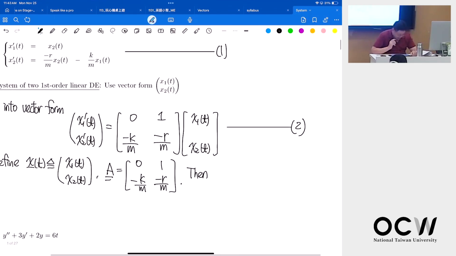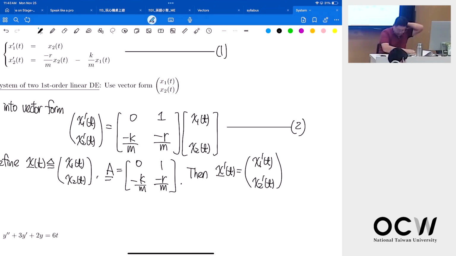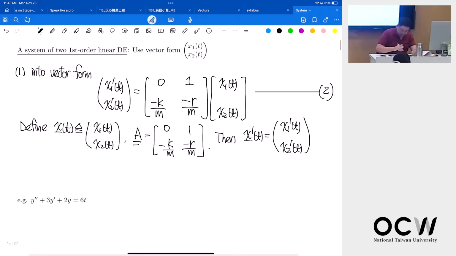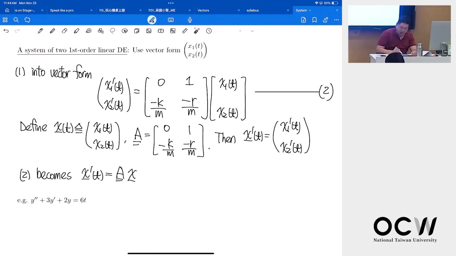Then in that case, x prime is x1 prime, x2 prime. So equation 2 becomes x prime equals Ax. Then the next step, we try to find x, the solution.